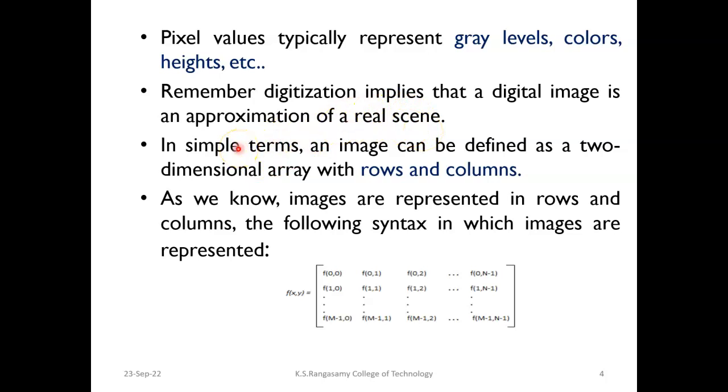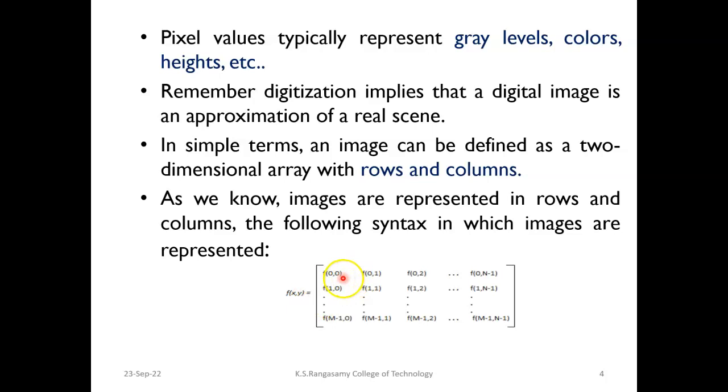In simple terms, an image can be defined as a two-dimensional array, simply called rows and columns. We know images are represented in rows and columns. The following is the syntax in which images are represented. On the left-hand side we have f of x comma y, the two-dimensional image, represented by a number of rows and columns.